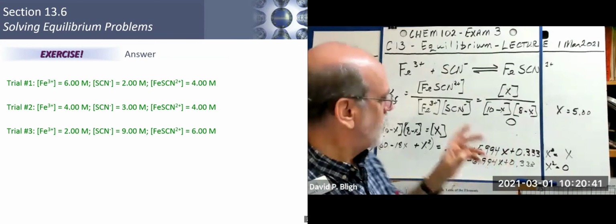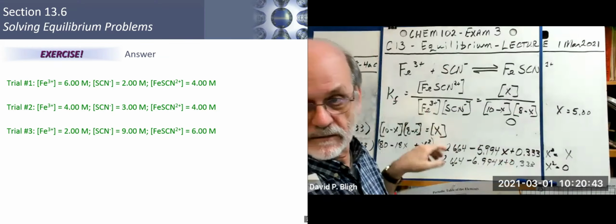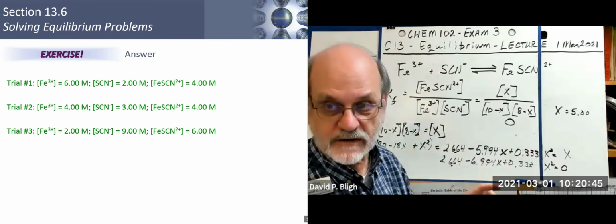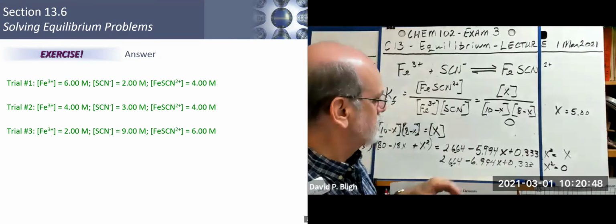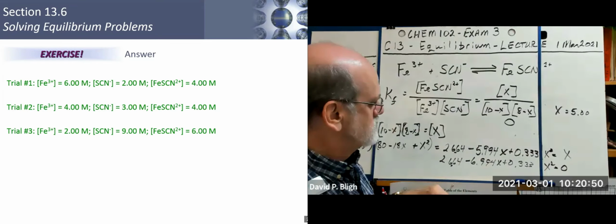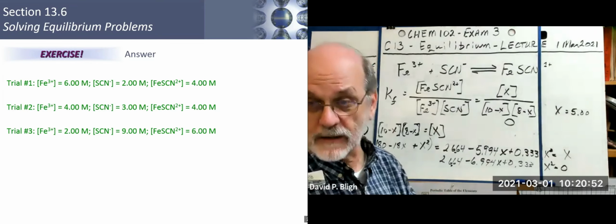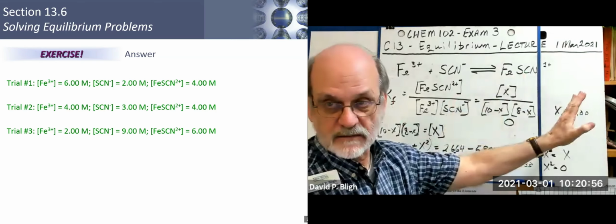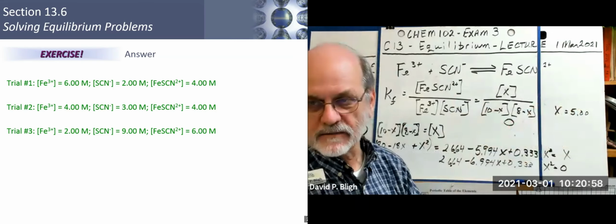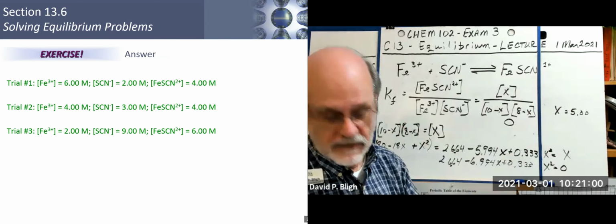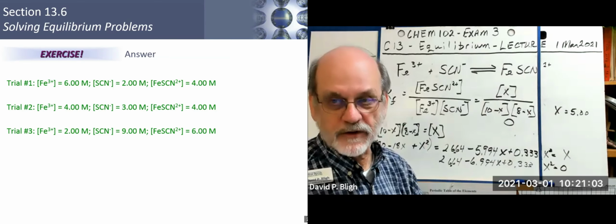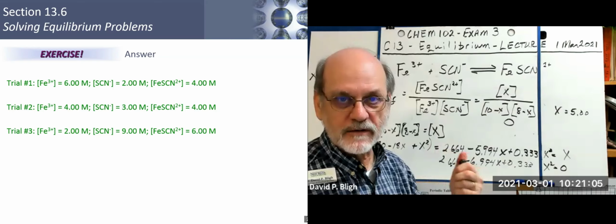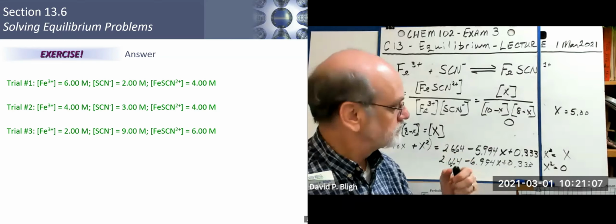But that depends on the equilibrium constant. If the equilibrium constant is a very, very small number, that means there's going to be very little X over here. Then you can ignore X. And of course, we calculate the percent difference to determine if it violates the 5% rule.